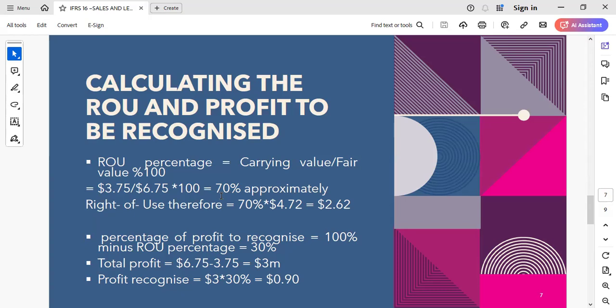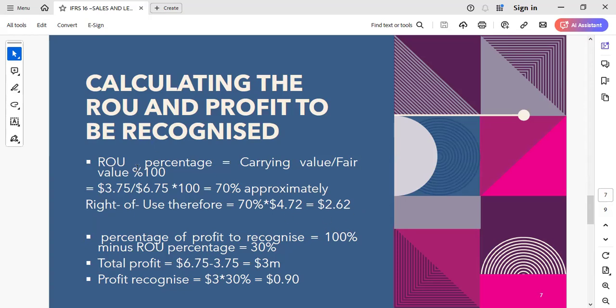And how do I use that? We take this right of use percentage and multiply it by the present value of the lease payment, and that gives us 2.62. Then how do we recognize the profit or loss on disposal? Here, obviously, the fair value is bigger than the carrying value. Therefore, we have made a profit.